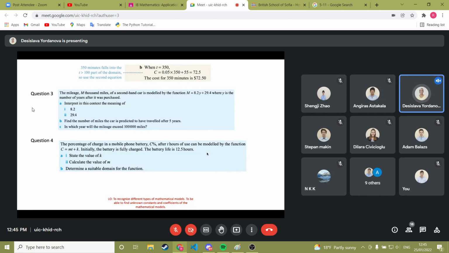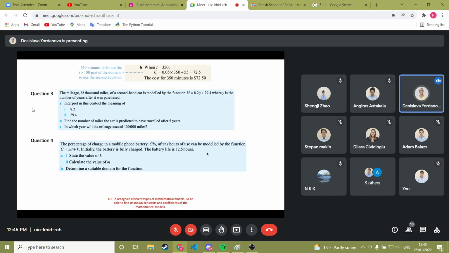And determine a suitable domain for the function. This means a suitable domain for the number of hours. What are the possible values for the number of hours in this situation?